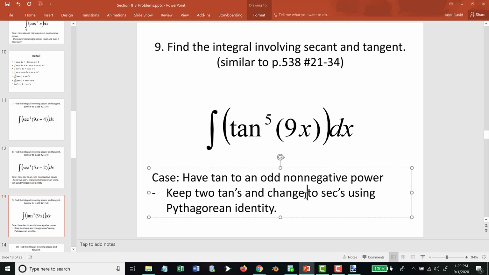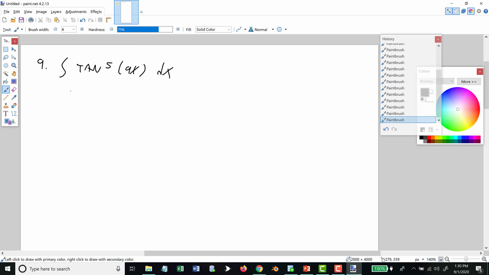Let me think this through. Derivative of tangent would be secant squared. So keep two tangents and change those to secants. Okay. Now I see it. Though I probably don't have it worded very well.